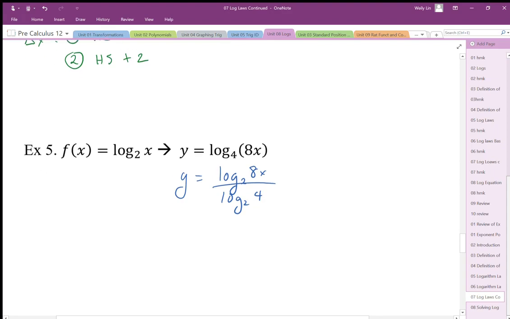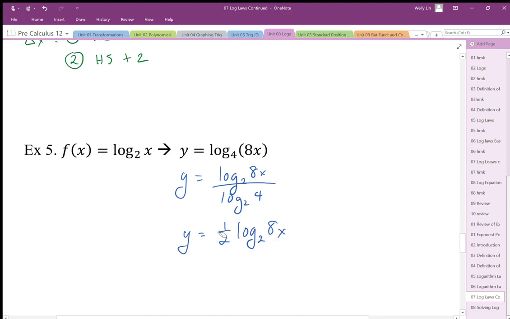That allows me to express it in terms of my base 2 log, which then allows me to rewrite this. Log base 2 of 4 is 2, so I get to divide by 2, and then I get 8x here. This is now nicely separated out.